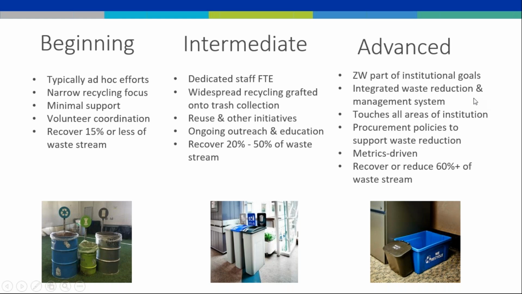It's a very rough breakout, describing some of the characteristics that define how I'm thinking of college programs between beginning, intermediate, and advanced. As Syvannah mentioned, later in my slides, I'll switch and talk a little bit more specifically about bin infrastructure and steps that you can take to improve the bins that you have out there so that you're collecting more material.